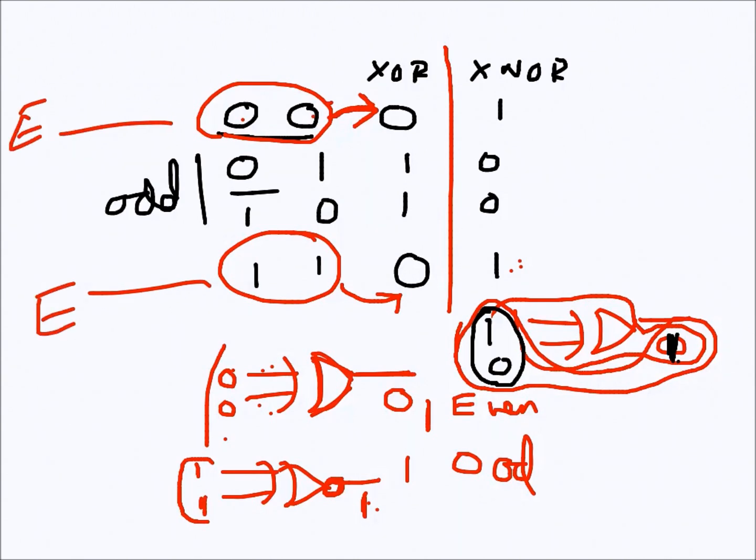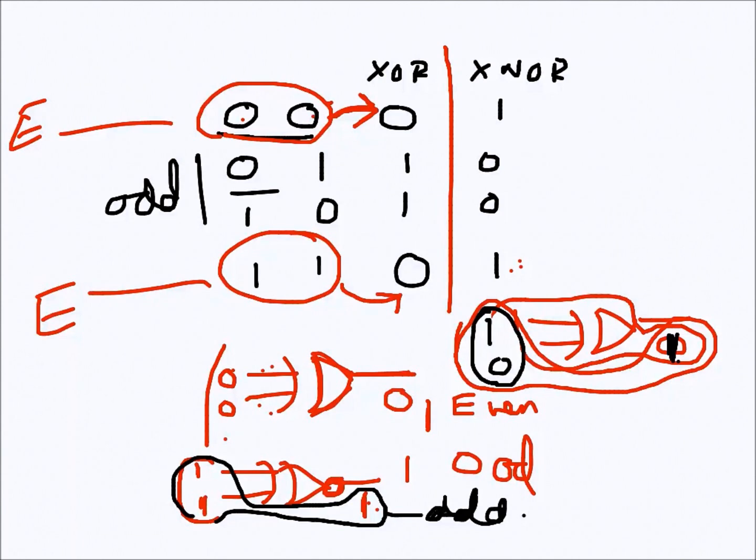But together it is generating an odd parity with all these three, and this output is such that the bits together create an odd parity. So this is just an observation which we may need later.